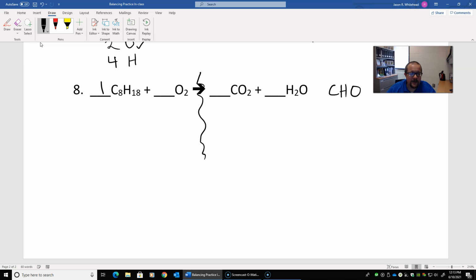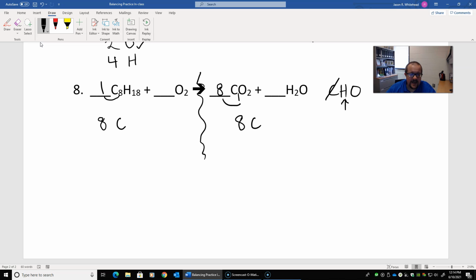If I put a 1 here, 1 times 8 gives me 8 carbons. On the right, I still need 8 carbons, so if I put an 8 out front, 8 times 1 is going to give me 8 carbons. So carbon's done. So we move on to hydrogen.